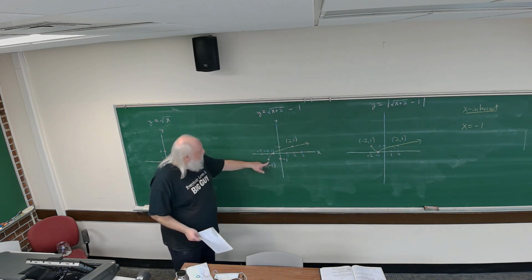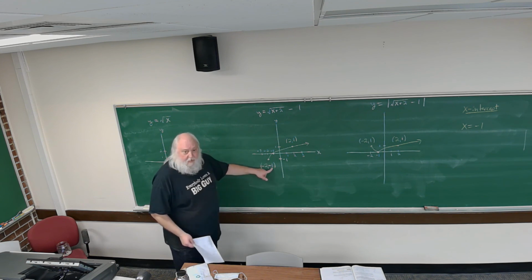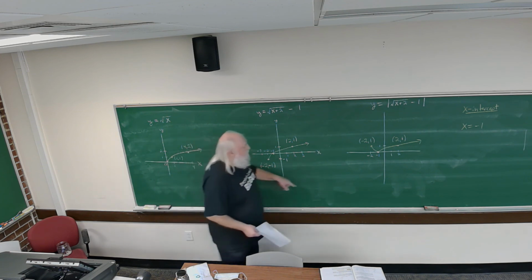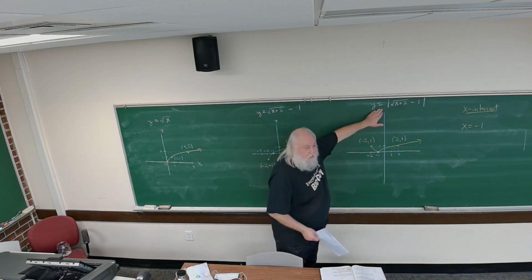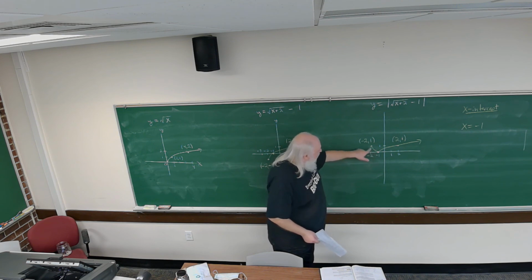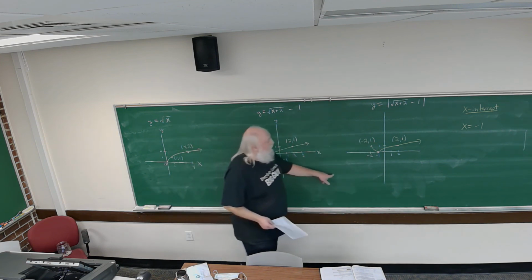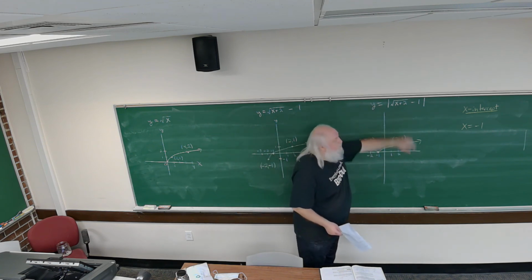This part here that's below the x-axis, the y-coordinates get changed from negative to positive. So this point -2, -1, the y-coordinate gets changed to +1, and we see the point -2, 1 is on the graph of this equation. And this is what the graph looks like for x between -2 and -1. So this is what the graph of the absolute value of the square root of x plus 2 minus 1 looks like.